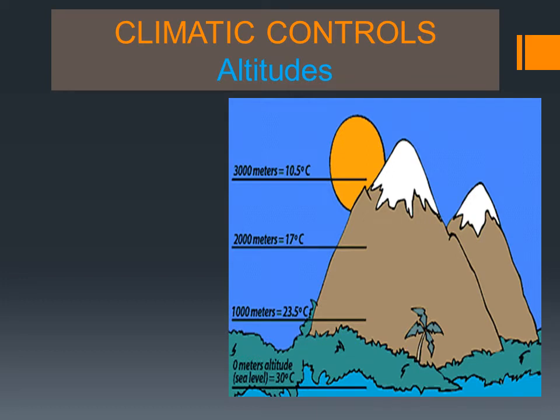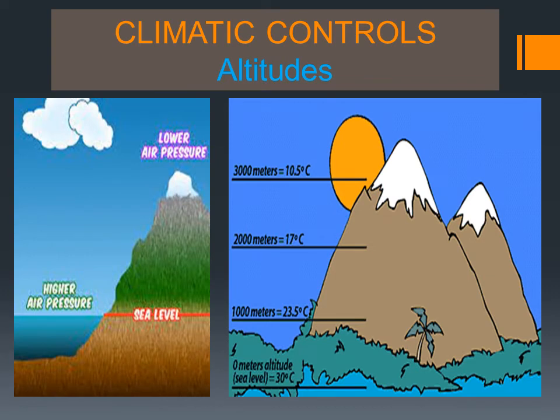So we can see that the temperature changes according to the altitude. In the same way, the pressure at sea level is high, whereas when we go up to higher altitudes, we have low air pressure. That is why mountaineers carry oxygen cylinders.